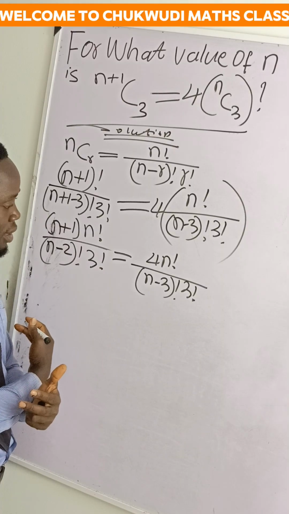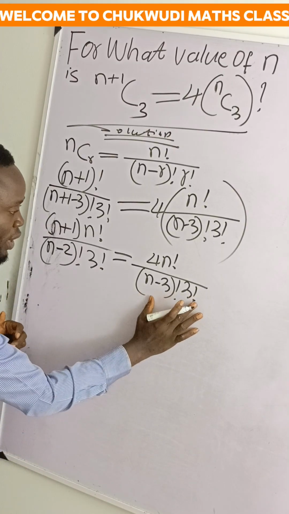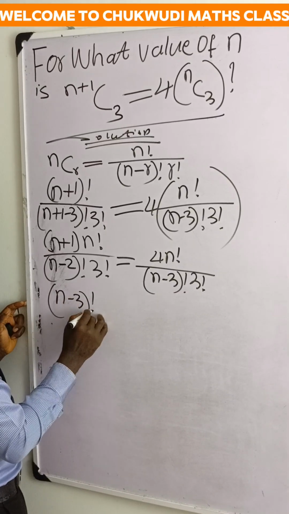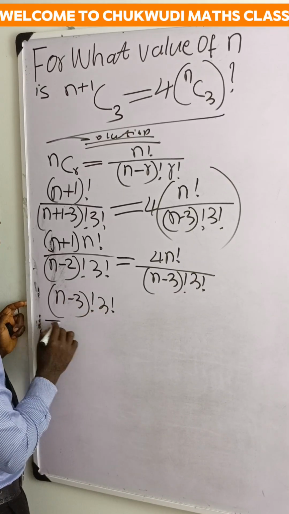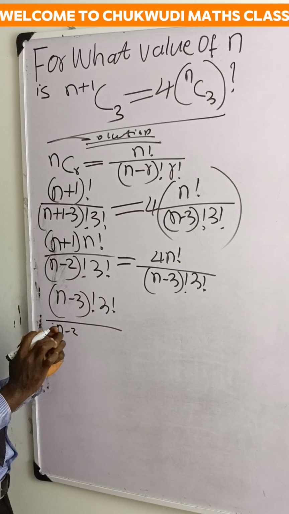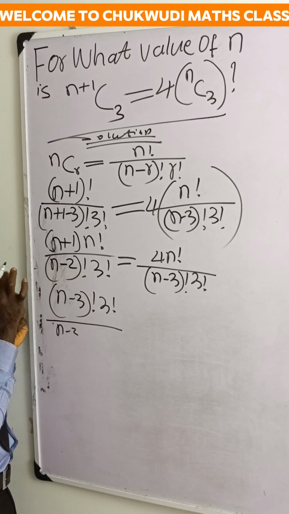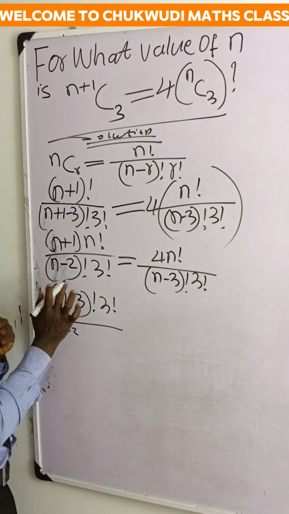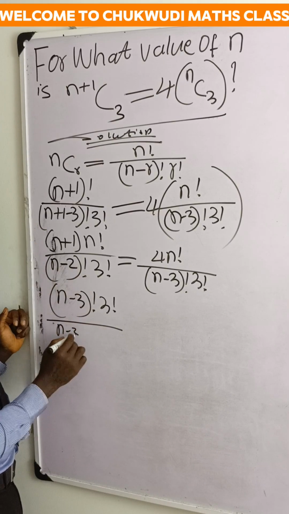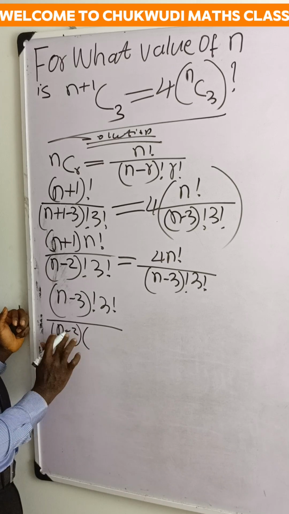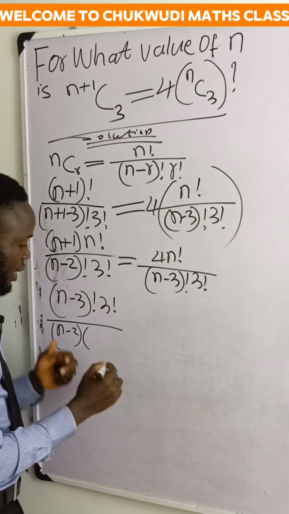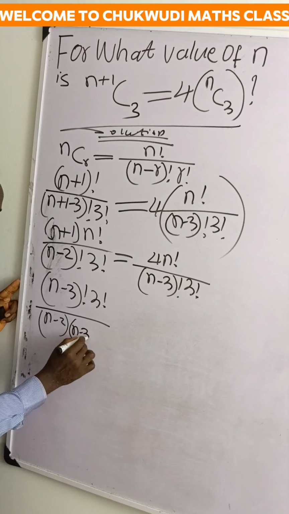Therefore, I can put this here and have (n minus 3) factorial, 3 factorial, all over (n minus 2) factorial. Let me do the factorial here so that I can get something to cancel. I keep n minus 2, then minus 1 from that, n minus 2 minus 1 will give you n minus 3.